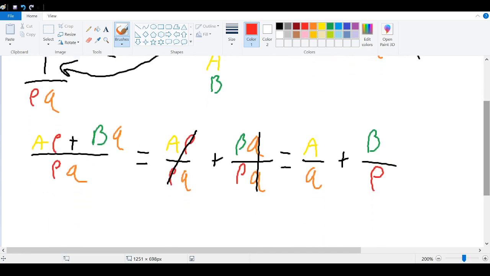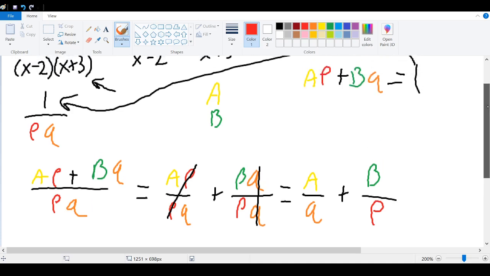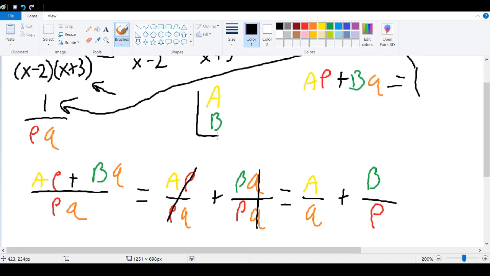But how do I know that a and b are constants? Well, it turns out these a and b's have to be less than the degree of p and q. So the degree of a must be less than the degree of p, and the degree of b must be less than the degree of q. All right?